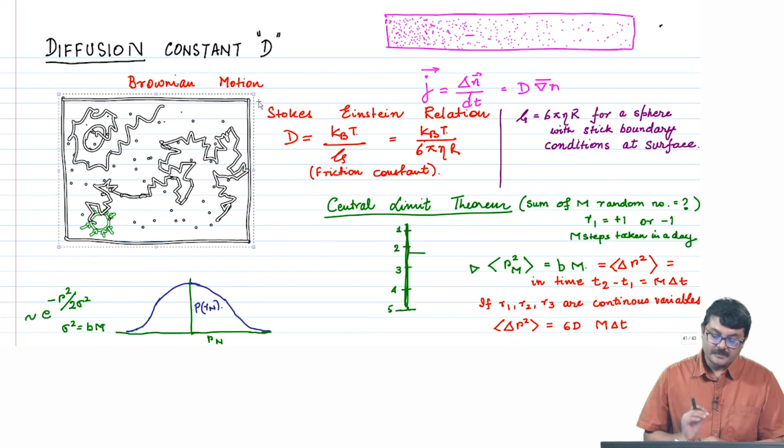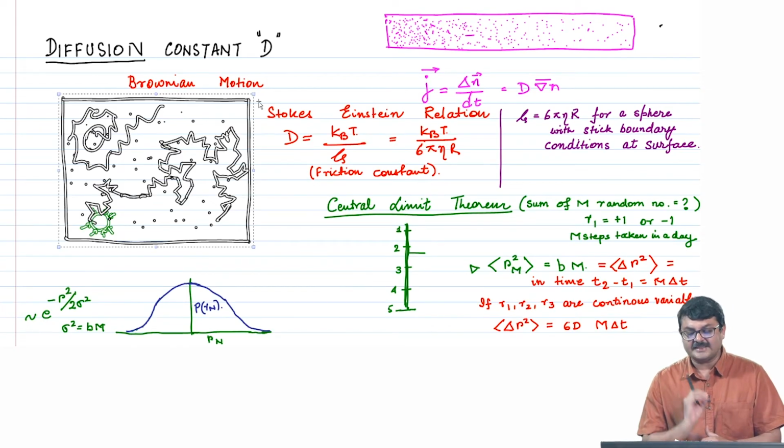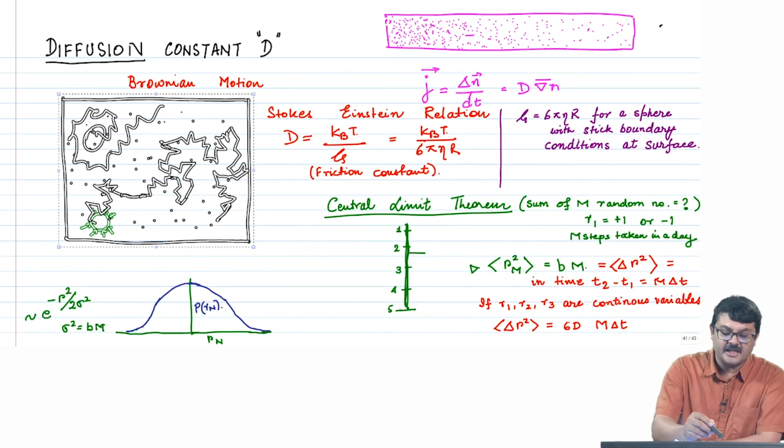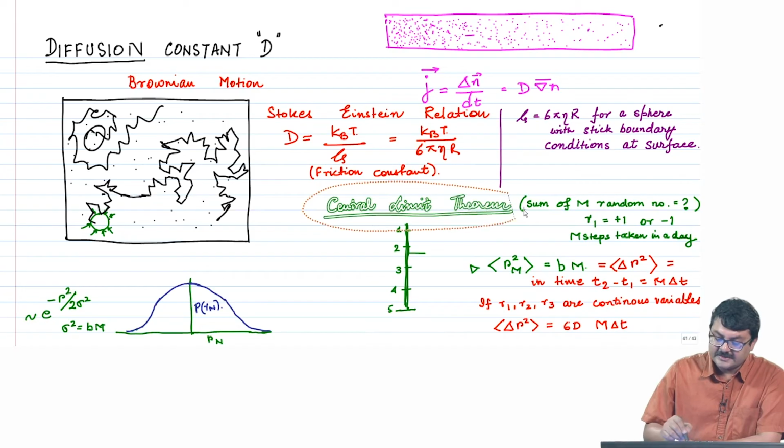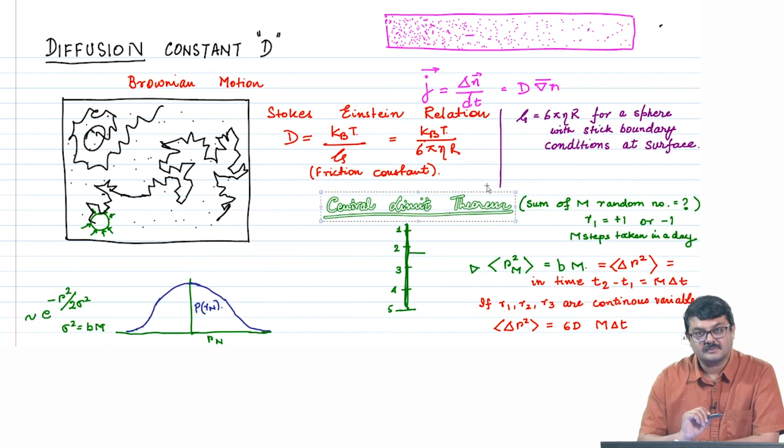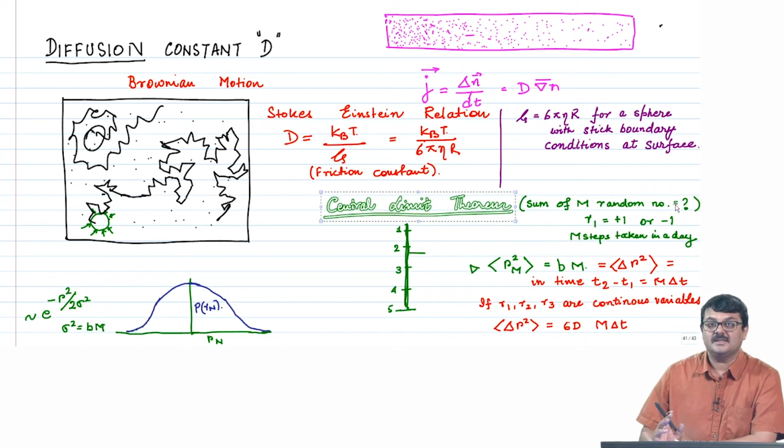Okay. So, to understand diffusion, we talk about a slightly separate problem where we shall use the so-called central limit theorem. You might have heard about it in mathematics, and essentially it deals with how a sum of m random numbers behaves. So, if it is a random number between 0 and 1, how does it behave?